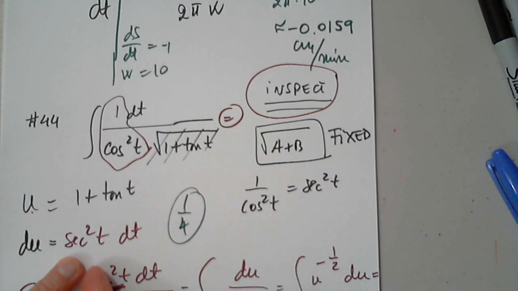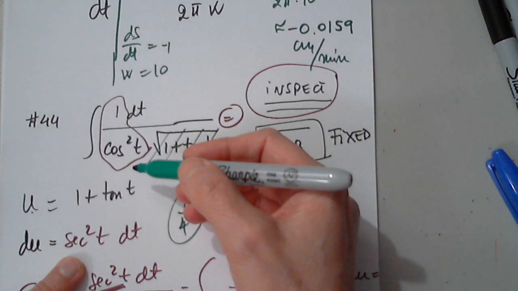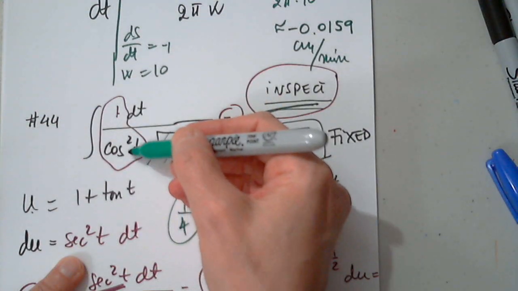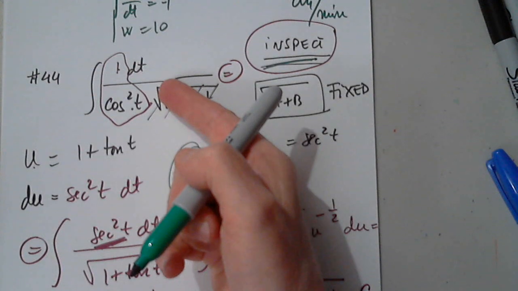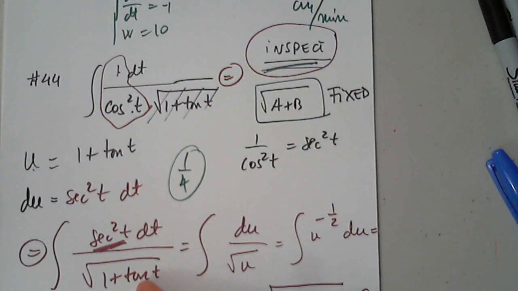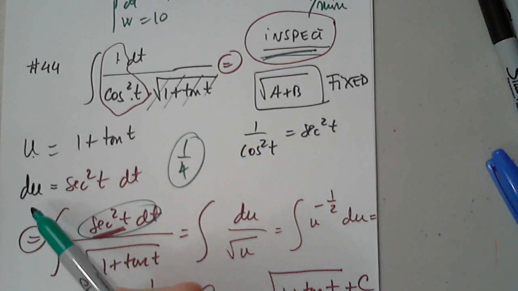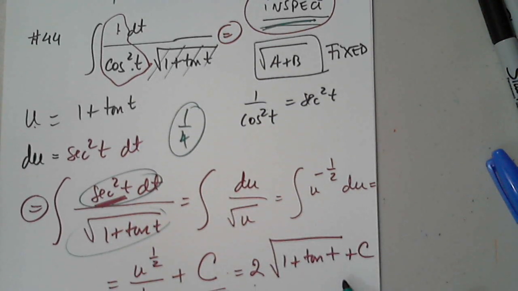I can make that up, but it's already there, hidden. By inspection, I realized that 1 over cosine squared is secant squared, and that's exactly what I needed. I changed the function into an equivalent function. I didn't change the function, I just presented it differently. And now I know that this is my du, and this is the square root of u. And then I take it from here.